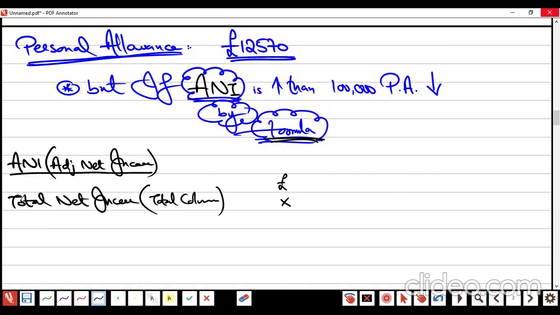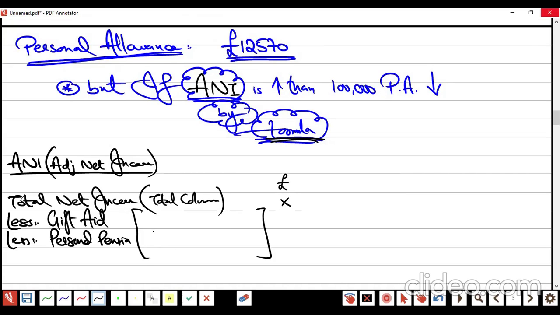After it comes here, we will deduct two items. Those two items are personal pension and gift aid, and both of them are supposed to be gross amounts. In the exam, it will be given as a net amount, so there's a fixed formula to gross up: 100 by 80.